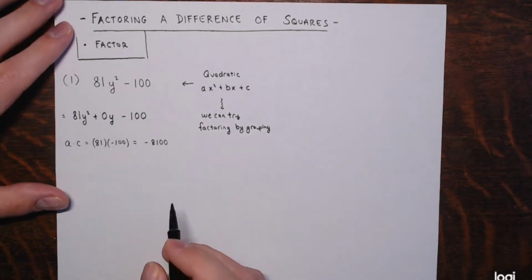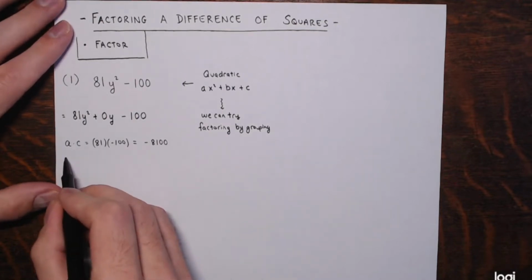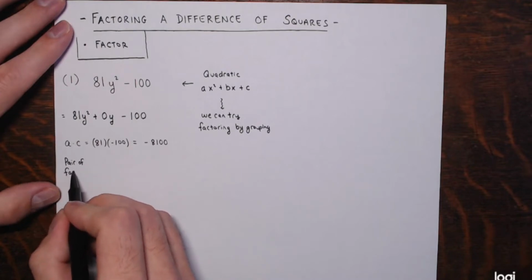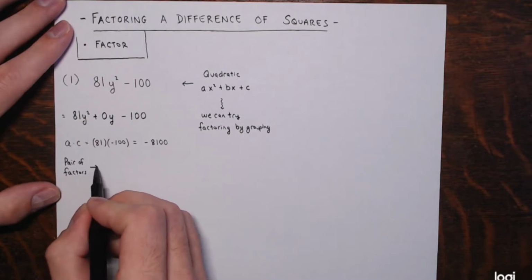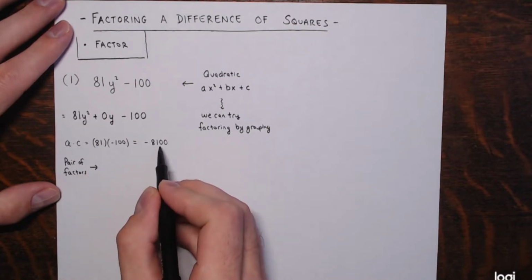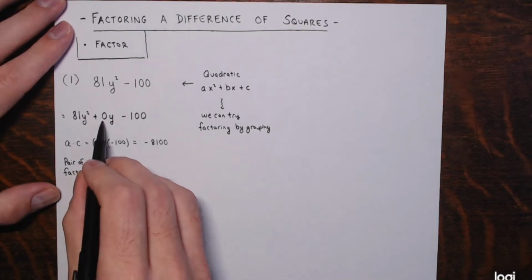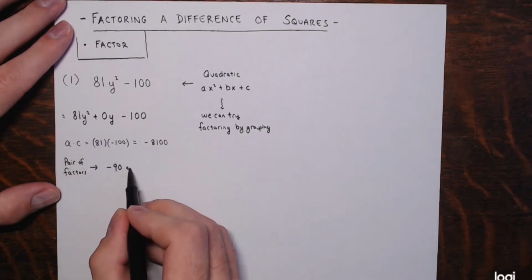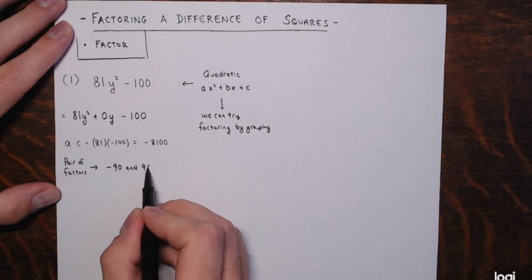And then I think of a pair of factors. What's a pair of factors of negative 8100 that add up to b, that add up to 0, the linear coefficient? That would be negative 90 and positive 90.